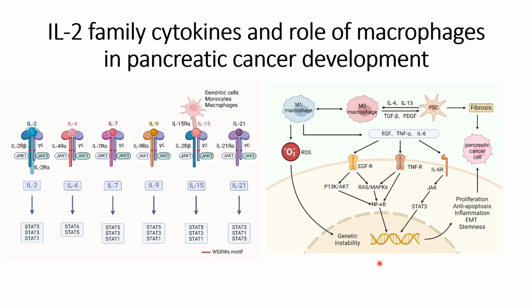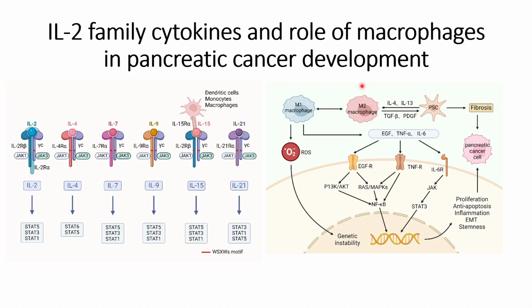And all have a common effect, that is proliferation, inflammation, EMT, that is epithelial to mesenchymal transition, and stemness, and they also acquire anti-apoptosis properties. The combination of these properties in chronic pancreatitis causes the development of pancreatic cancer. So this is the role of the M1 macrophages.